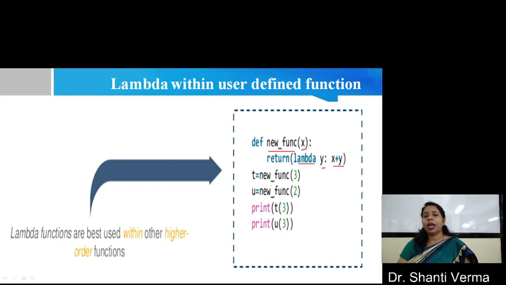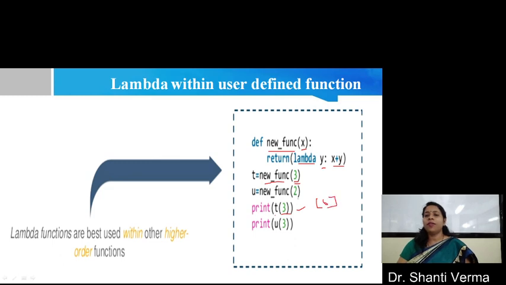Now, if I call this user-defined function new function with the value 3 and print it, here x equals 3 and y is also 3, so the value is 6.